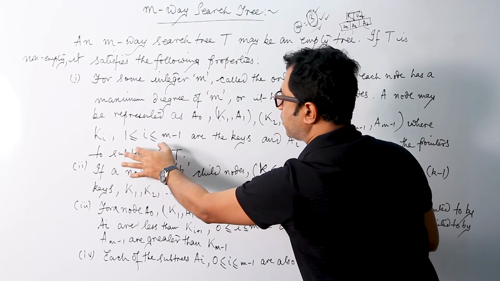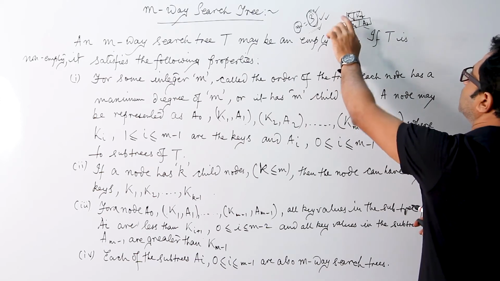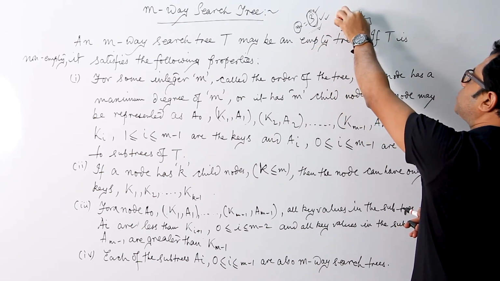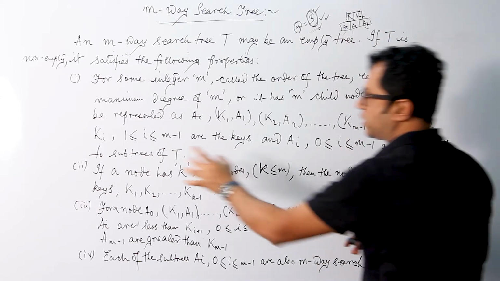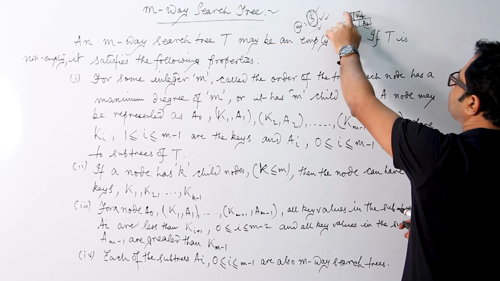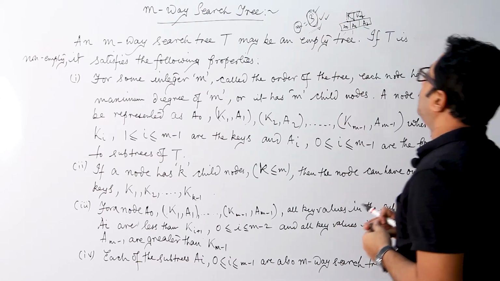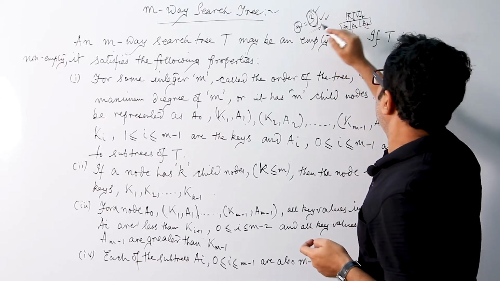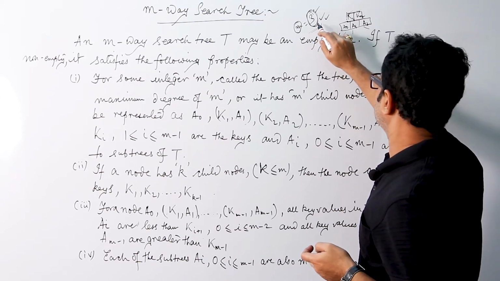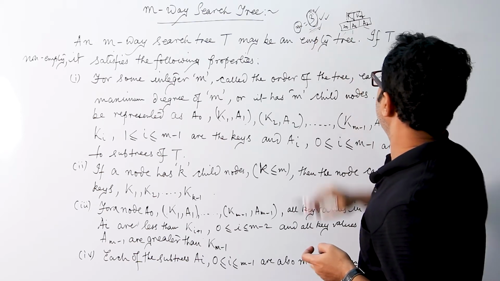Here, m minus 1 is 2, so K1 is K1 and K2 is Km minus 1. So we get two key values for this particular node, which is a part of the m-way search tree, which has a degree of 3.